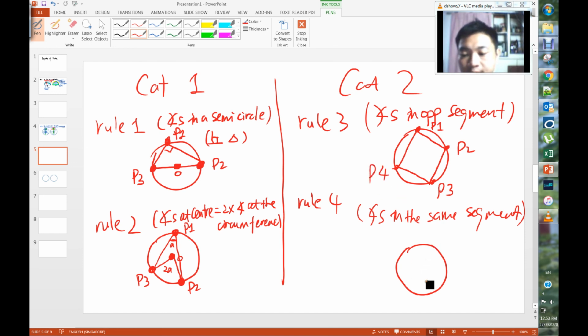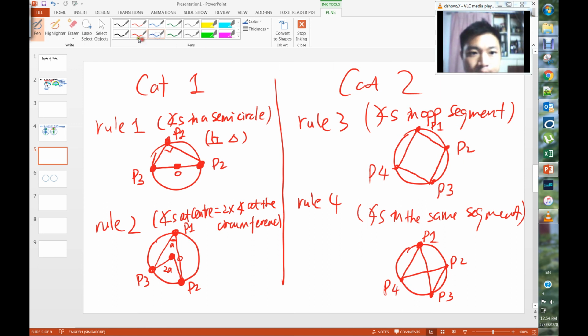And similarly for this angle in the same segment rule, you also have 4 points on the circumference. So you also have point 1, point 2, point 3, and then point 4. So they both share a similar feature here, which is 4 points on the circumference.